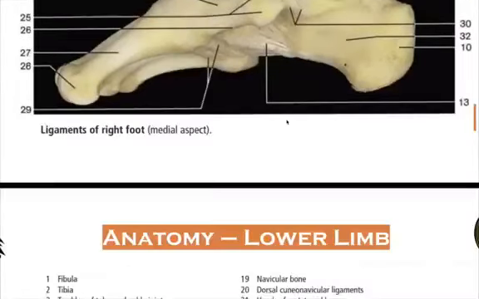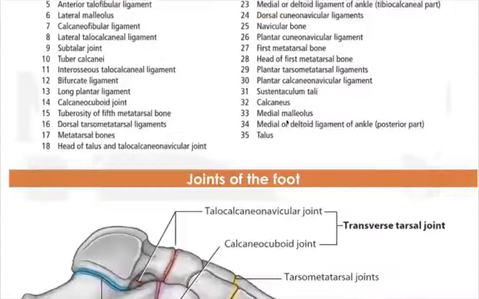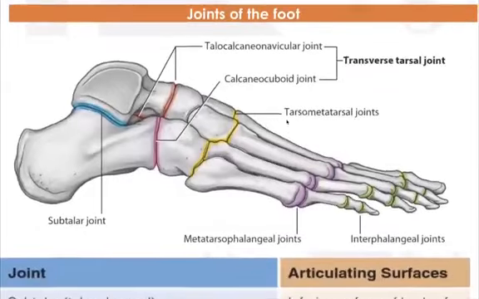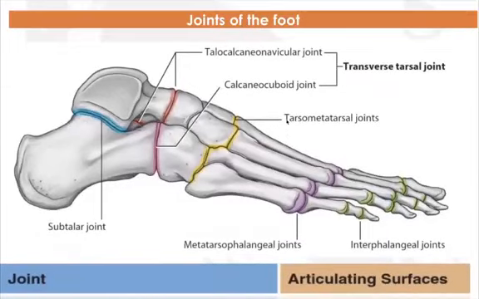All right. Fantastic, guys. Excellent. So let's talk about the joints. First of all, you have to know about the subtalar joint. What does it mean by the subtalar joint? Below the talus, with articulation with the superior surface of the calcaneus.